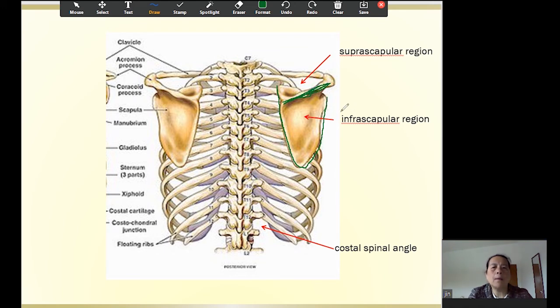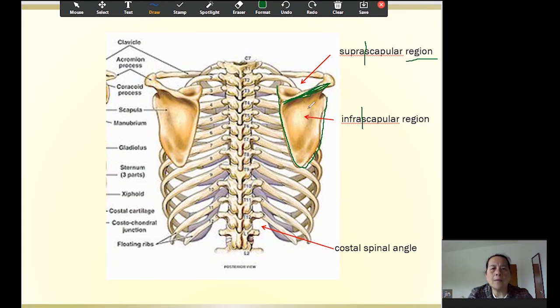And then we can separate it into two parts. The above part we call the superior scapular ridge, and the below part, we're talking about the infra scapular ridge.